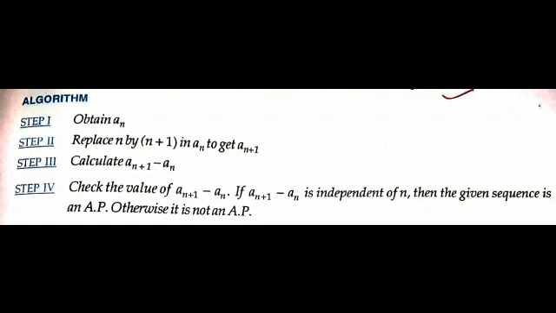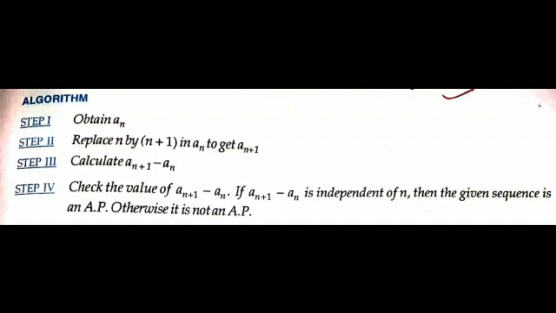Step 2, replace n by n plus 1 in the general term an to get the (n+1)th term. Step 3, calculate the difference, that is a(n+1) minus the nth term, that is an.